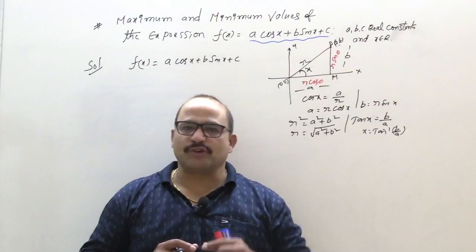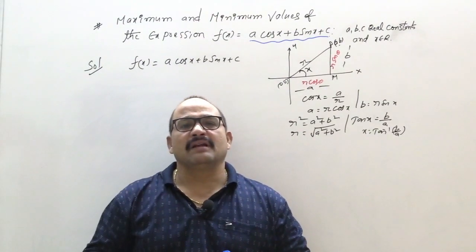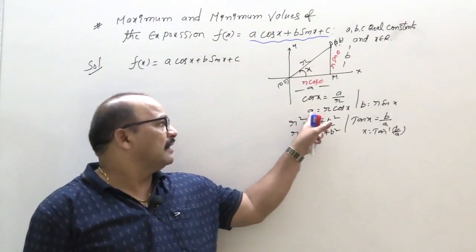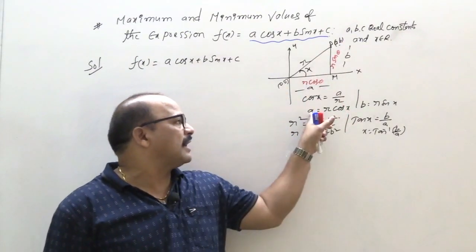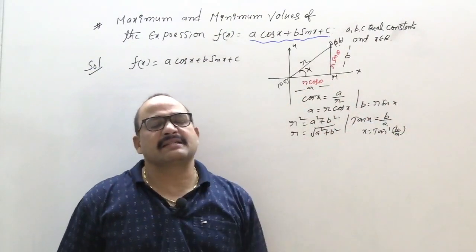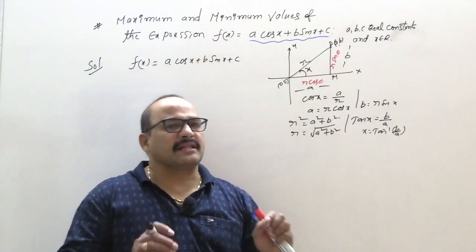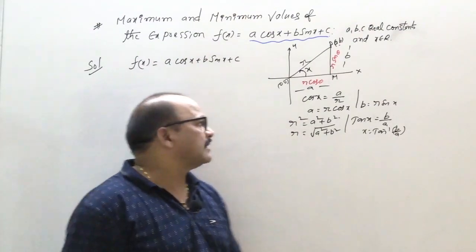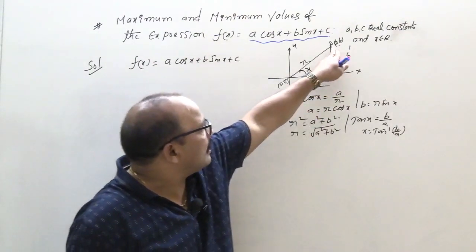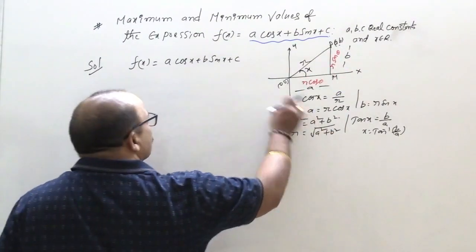The x coordinate in geometry is equivalent to cos in trigonometry. a is the x coordinate, a is equal to r cos x, b is equal to r sin x. So students, the x coordinate is cos and the y coordinate is sin, like this. a is the x coordinate, b the y coordinate, an ordered pair.